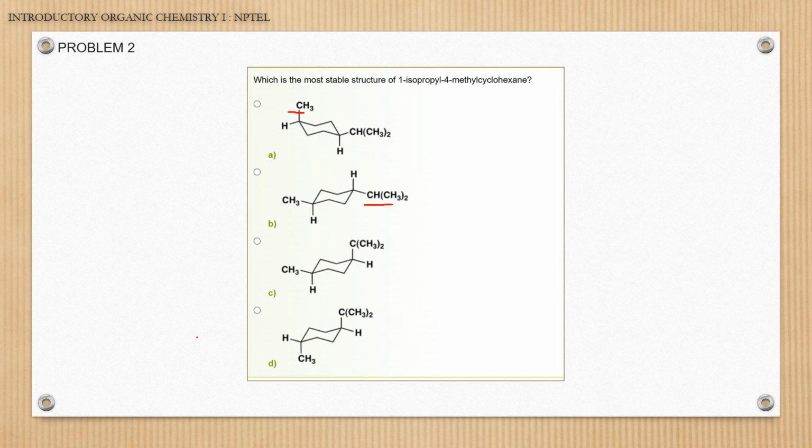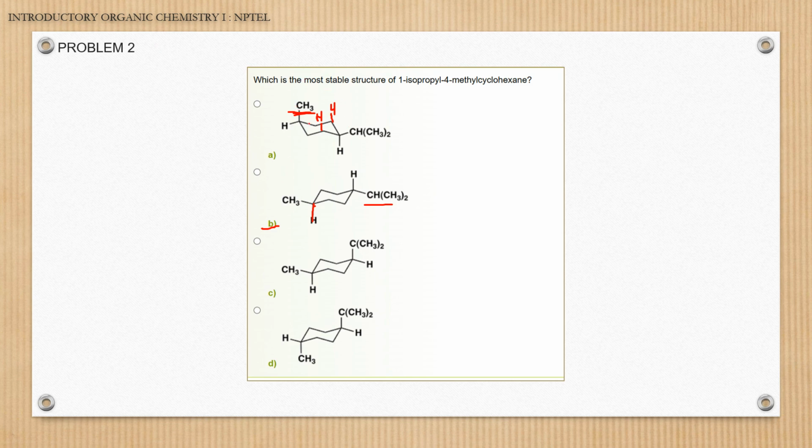Okay. Yes, ma'am. So here the correct answer would be option B, because they are asking for the most stable structure of this 1-isopropyl-4-methylcyclohexane, and it will prefer to have both substituents at the equatorial position. If this methyl is present at the axial position, then because of the hydrogens present here and here, this methyl will face a 1,3-diaxial interaction.